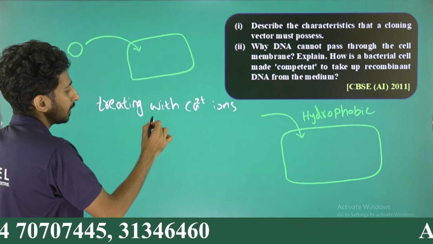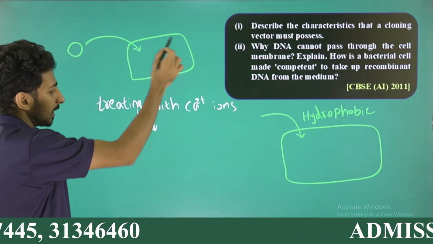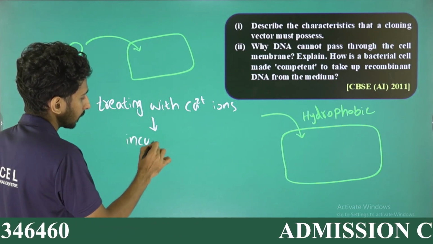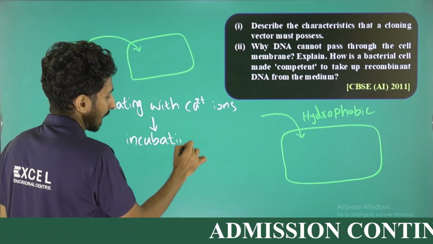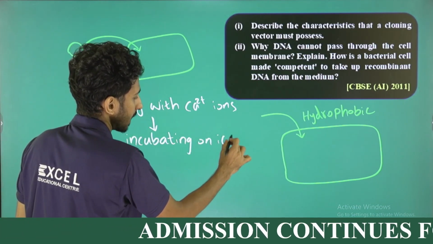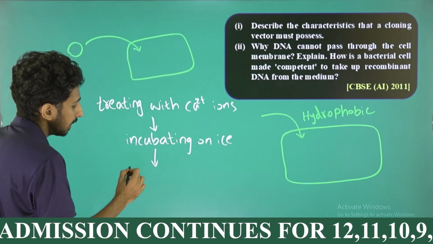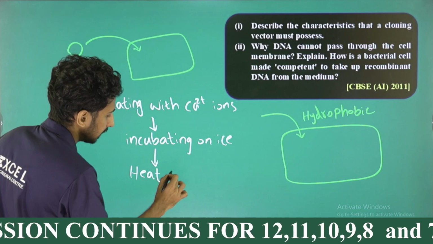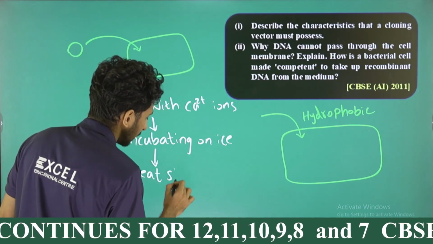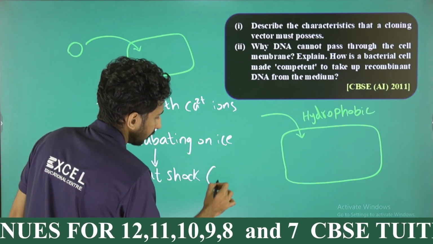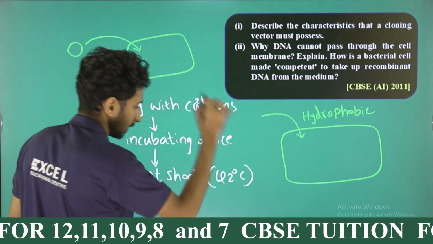Second one, incubating the bacterial cell on ice. Third one, giving heat shock to the cell, at 42 degrees Celsius.